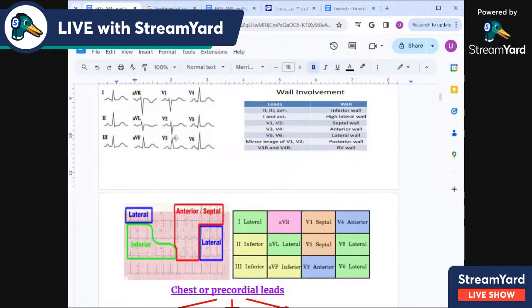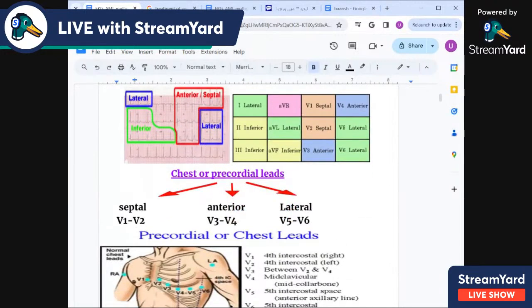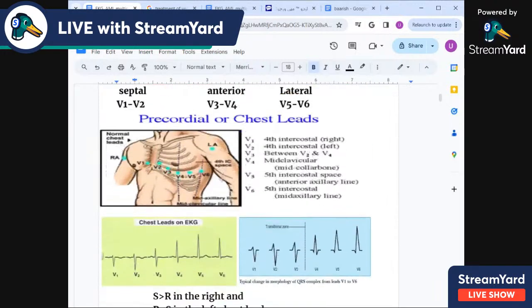Chest leads V1 and V2 are the septal leads. Chest leads V3 and V4 are the anterior leads, and chest leads V5 and V6 are the lateral leads. As for the position of the chest leads, V1 is on the right side of the chest, to the right of the sternum in the fourth intercostal space.